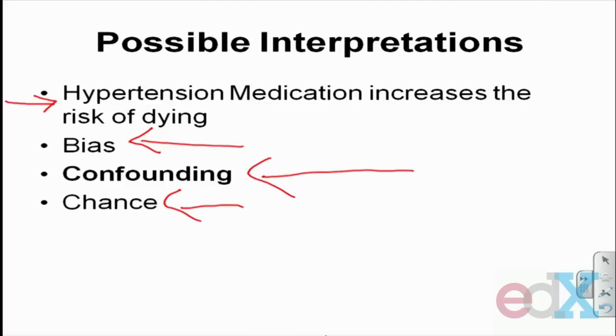The idea that there might be confounding factors here that are the reasons we're seeing roughly a 2-fold increase in odds of dying for the people being put on hypertension medication compared to the people not put on hypertension medication. It's not the medication that's doubling their odds, it's a type of person who's getting the medication that's the reason for the odds ratio being 1.8 in this example.